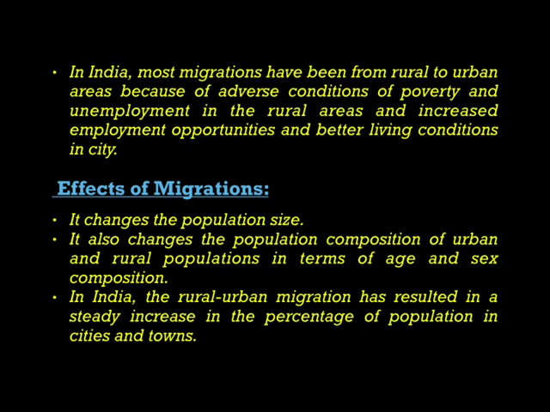On the other hand, it will decrease the population of the other part of the country. It also changes the population composition of urban and rural population in terms of age and sex composition. In India, rural-urban migration has resulted in a steady increase in the percentage of population in the cities and towns. Hence, the cities are carrying the burden of population in India.